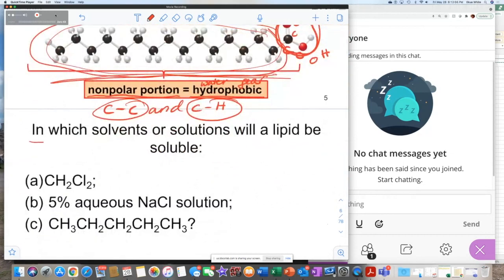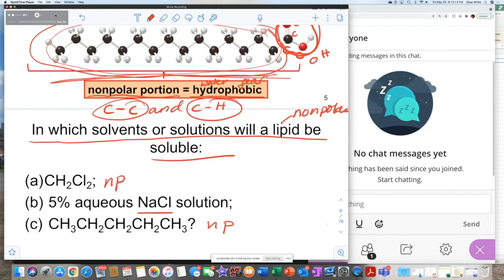Okay. So we're asked here, in which solvents or solutions will a lipid be soluble? Well, we said a lipid was nonpolar naturally, right? So in other words, what they're asking you is, of these three, which one is nonpolar? This is nonpolar. I'll write NP for nonpolar. This is nonpolar. If you have sodium chloride, it is ionic.